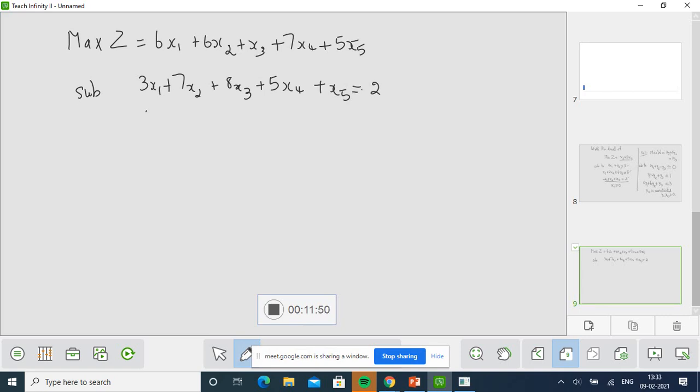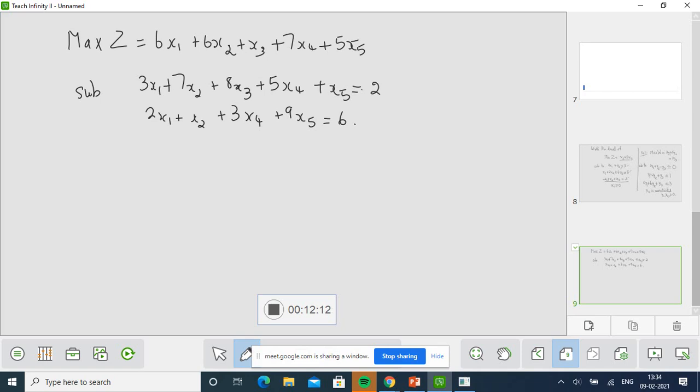Then 2x1 plus x2 plus 3x4 plus 9x5 equal to 6. So we need to write the dual of this problem.